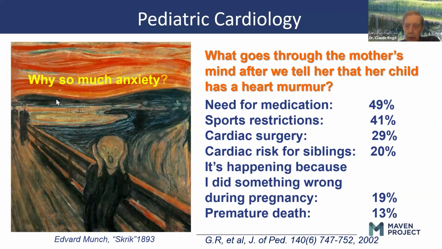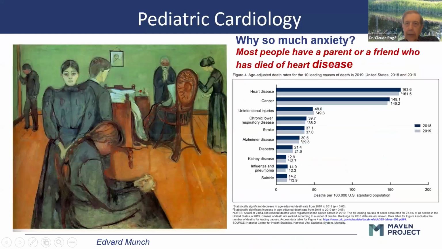So why is there so much anxiety? Well, for one thing, okay, it doesn't want to move now. Uh-oh. I cannot move forward my slide here. What's going on? Okay, there it is. The reason there is so much anxiety, one reason is that, of course, heart disease is the number one cause of death, at least in the US.